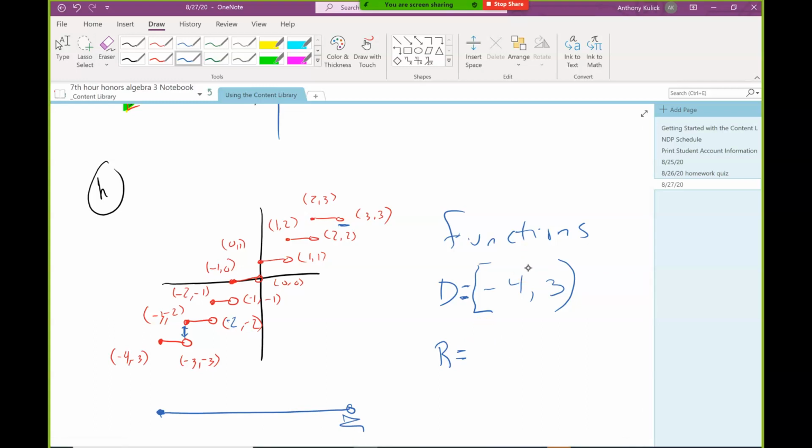Now remember, the range is the y's. Okay, you're close. Is the range infinite or finite?